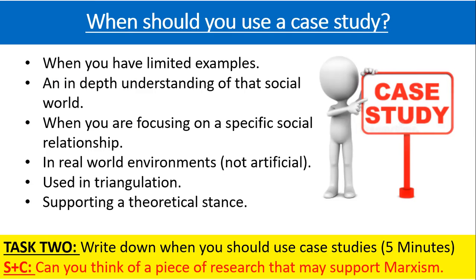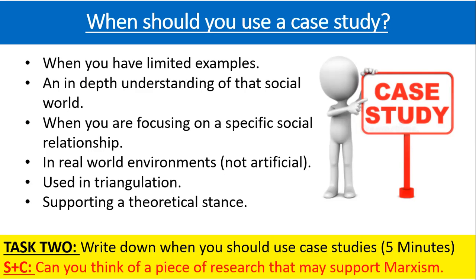So let's say you're trying to take a Marxist stance on education in Kent. It might be that there aren't many studies on capitalism and its relationship to education in Kent. It might be that you have to look in the southeast.